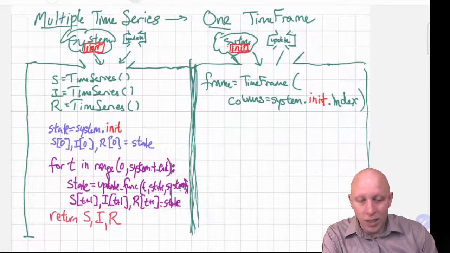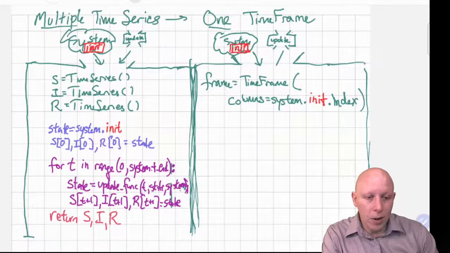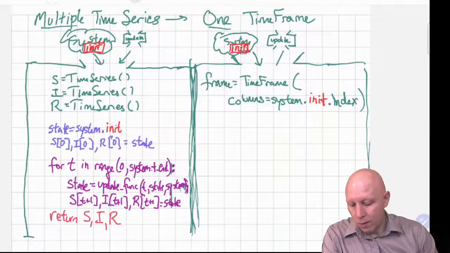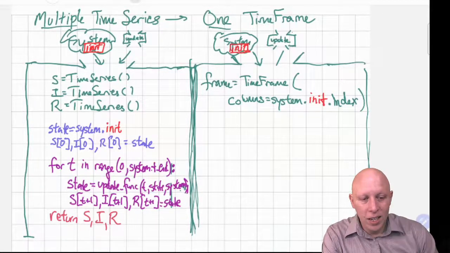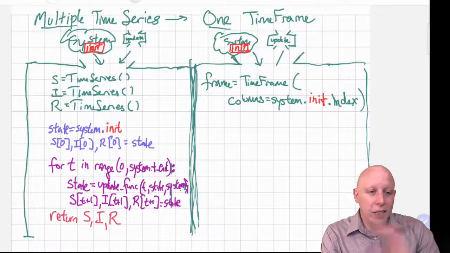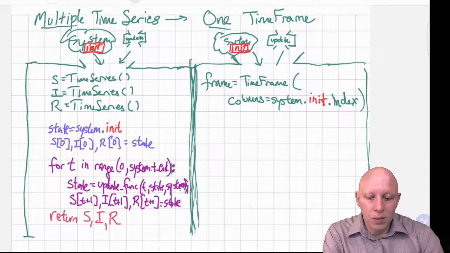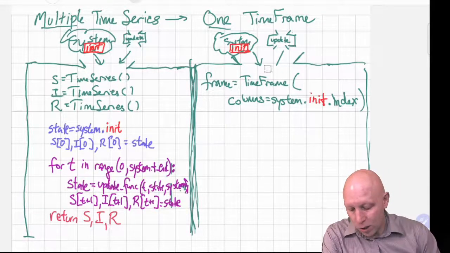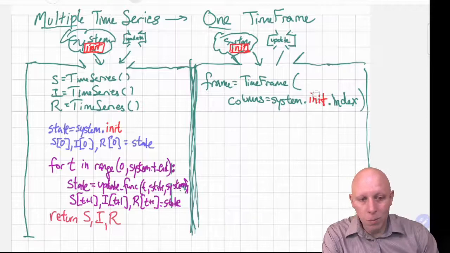So in this example, we've been using S, I, and R as our variables in our init state. But if we decided to create a completely different scenario, maybe with different states, this code here for the time frame would still work.